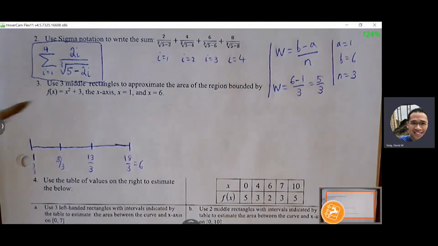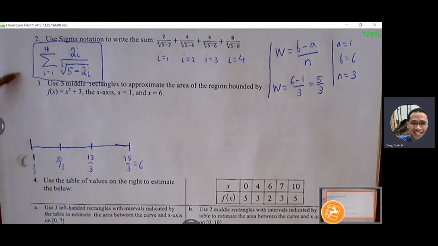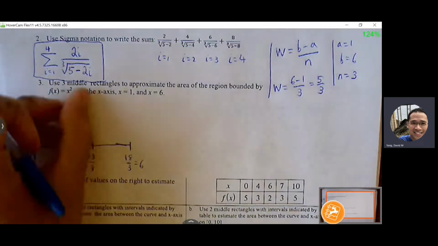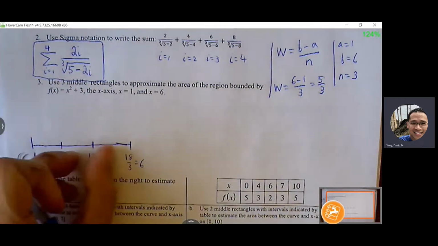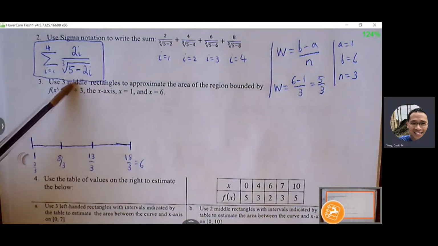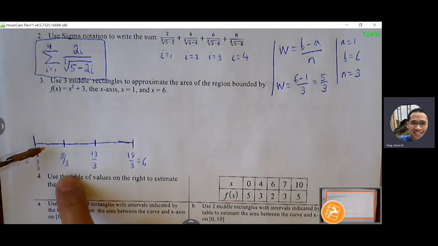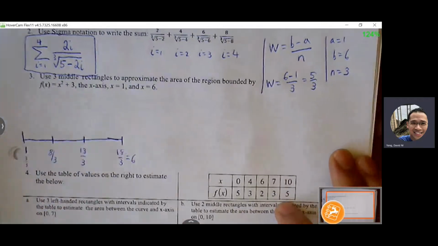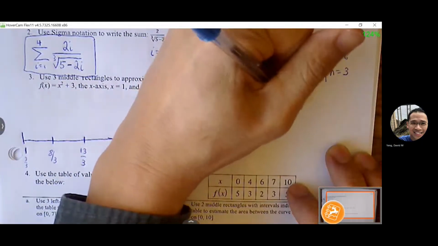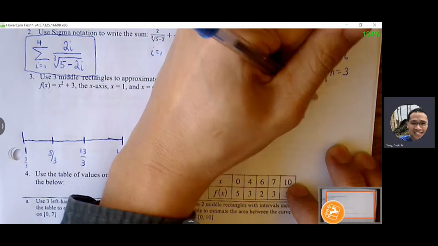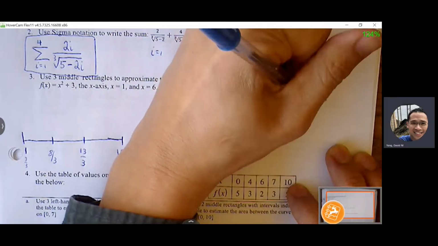Now, if it was just asking about left or right rectangles, we could rely on these values, because every subinterval has a left and right endpoint. But it's asking for middle rectangles. So we have to find the midpoint to attach to the graph, which means finding the average of these two numbers. The way we find the average of two numbers is to add them and divide by what? 2, right?